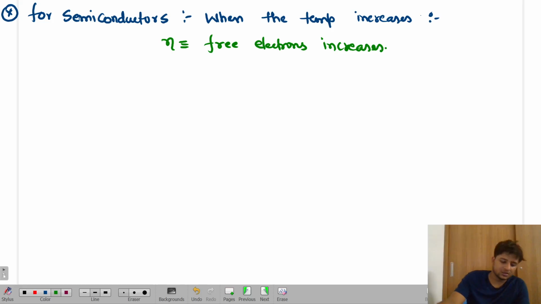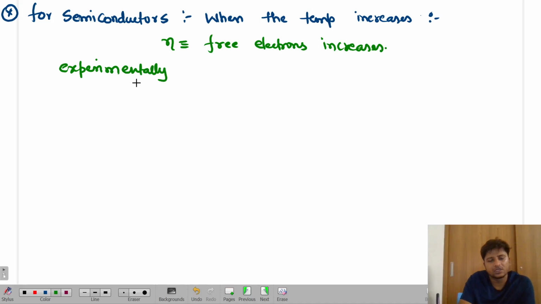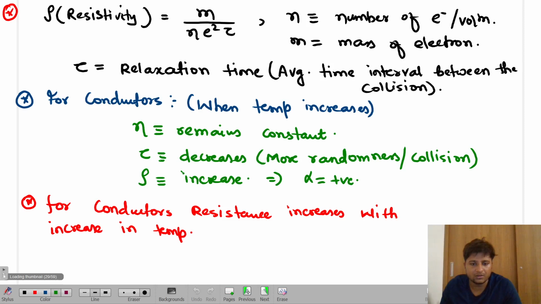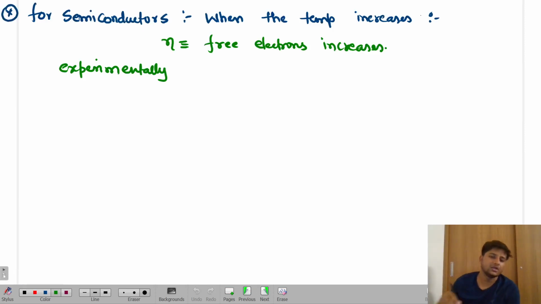Now, if free electrons have increased, what happens? It is experimentally found that randomness is now not more because of free electrons. See, try to understand that if there is no collision, then there is no current basically. Are you able to get me or not?